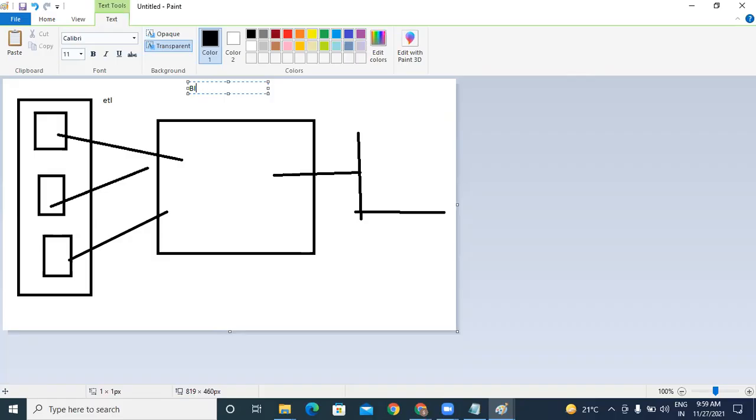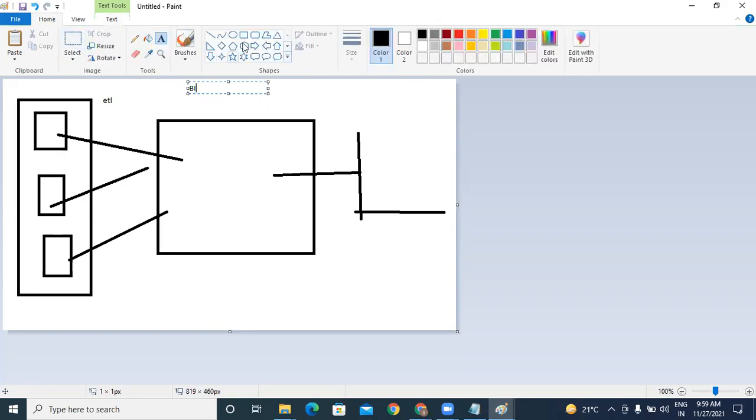Number two, warehouse managing team, warehouse modeling team. And the third team is the visualization team. Now your ADF comes under this ETL part. In this entire BI, the place of ADF is ETL.